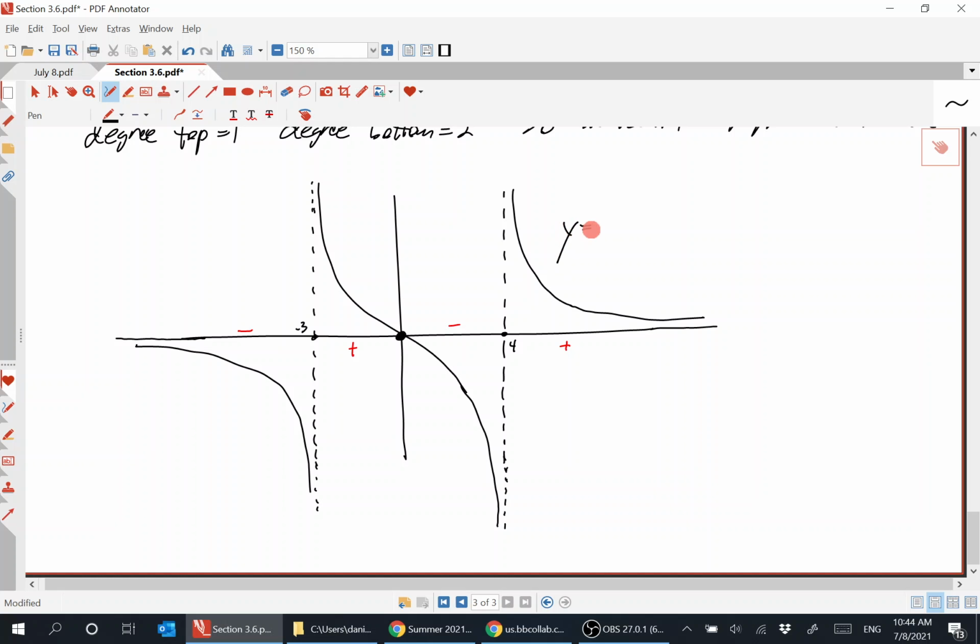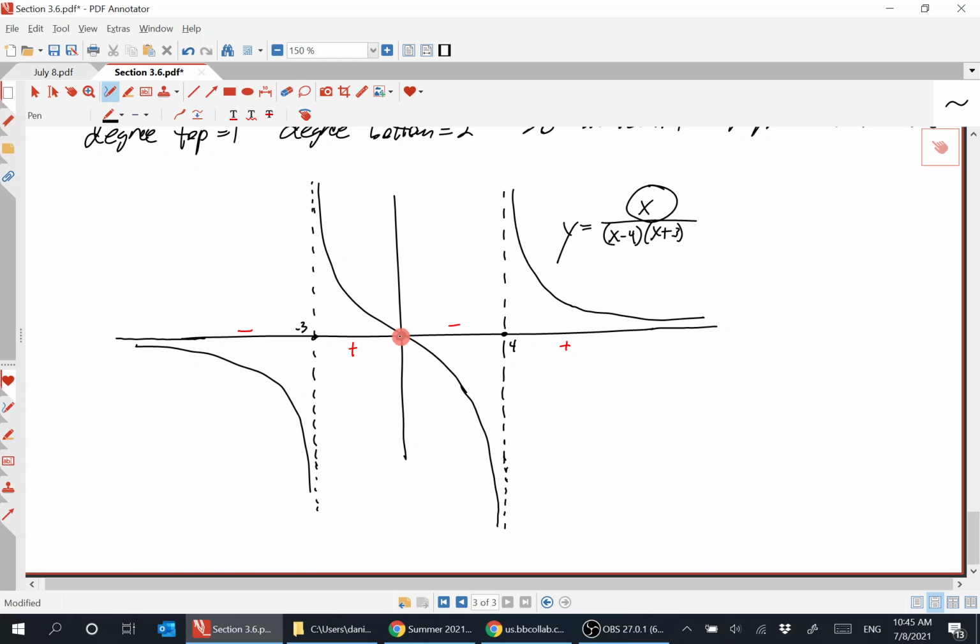So this is the graph y equals x over x minus 4, x plus 3. Vertical asymptote at 4, vertical asymptote at negative 3, because the bottom polynomial is 0 at those 2 points, and the top polynomial is not 0 at those 2 points.